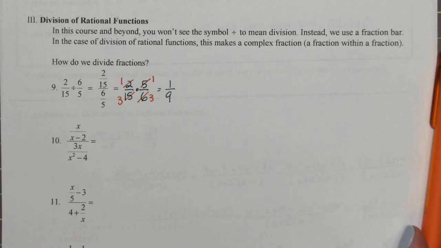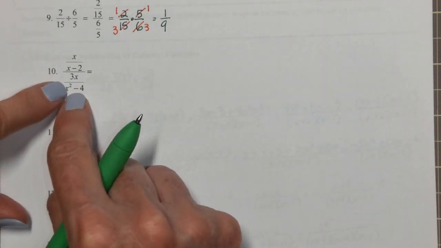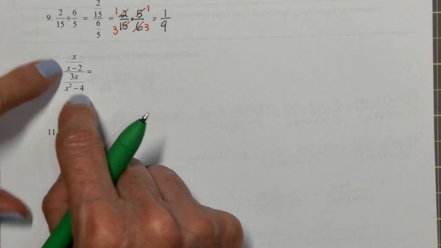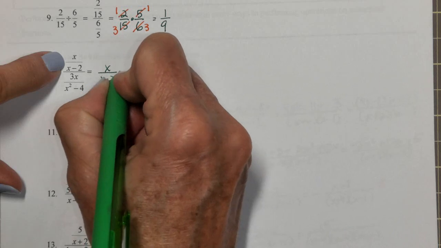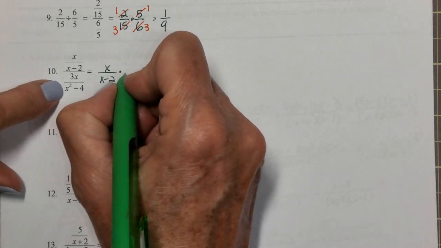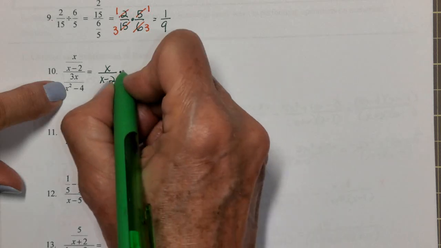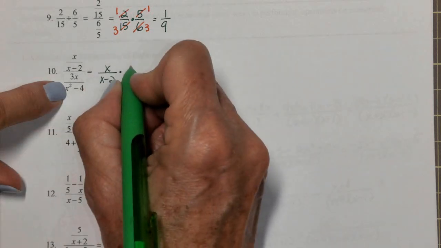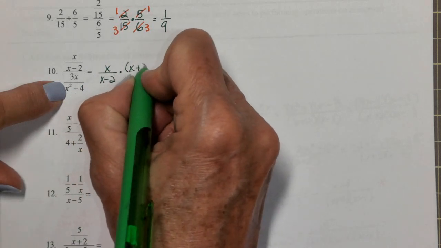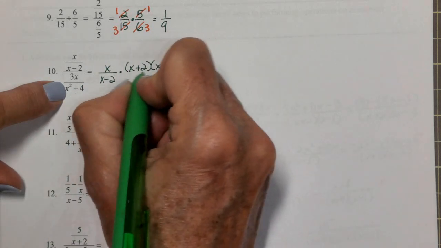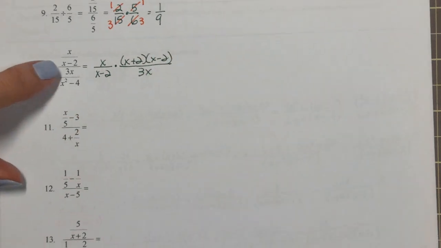Alrighty? So in number 10 here, we're dividing rational functions. So we have the x over x minus 2, and we're multiplying by the reciprocal of this, right? As I write the reciprocal, I'm going to go ahead and factor the x squared minus 4. So x plus 2, x minus 2, divided by the 3x. Okay.